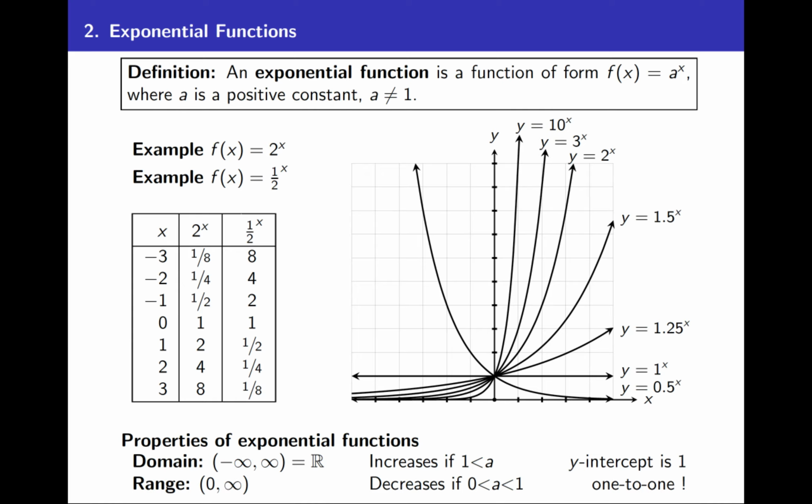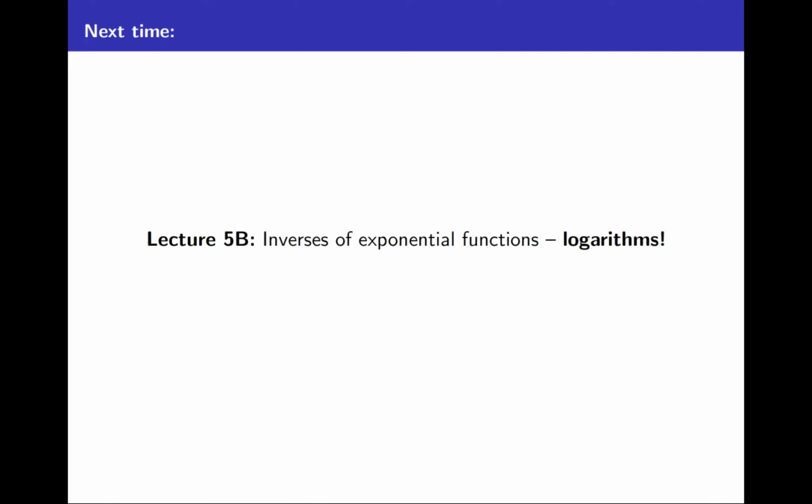So that's it for today. We've reviewed exponential functions. Next time, we're going to follow up on the fact that exponential functions are 1 to 1 functions and they have inverses. In lecture 5b, we'll talk about inverses of exponential functions. And those inverses are very interesting and special and important functions.